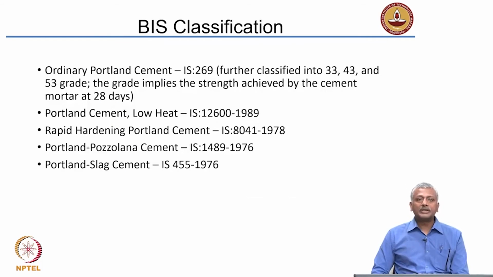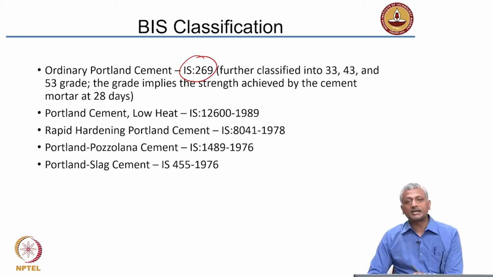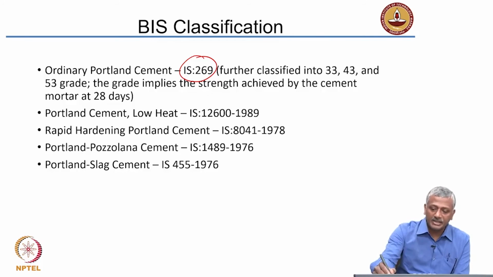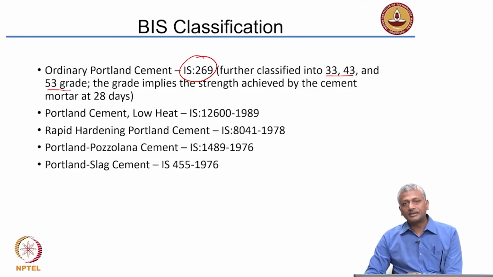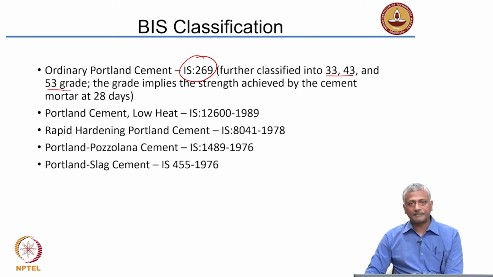Now, if you look at the Indian standard classifications, which are covered essentially in IS 269 for ordinary Portland cement, we define it into 3 grades: 33, 43 and 53 grade. And the grade of the cement corresponds to the strength achieved by the cement mortar at 28 days.